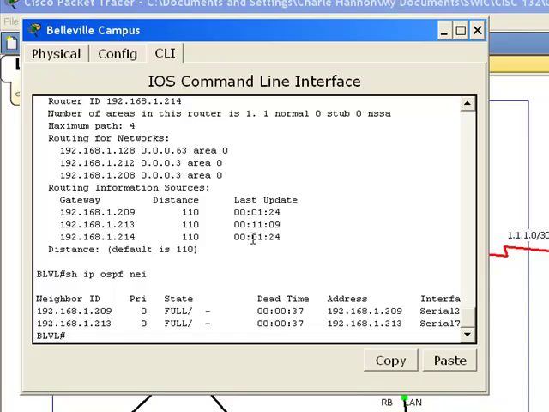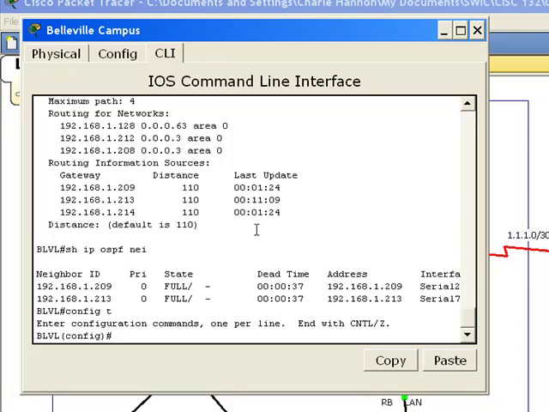Okay, so what I need to do is put in a static route, a default static route, and push it out to everybody. This is one of the nice things about OSPF. You may remember the ip route quad 0 command, which is a gateway of last resort for routers.